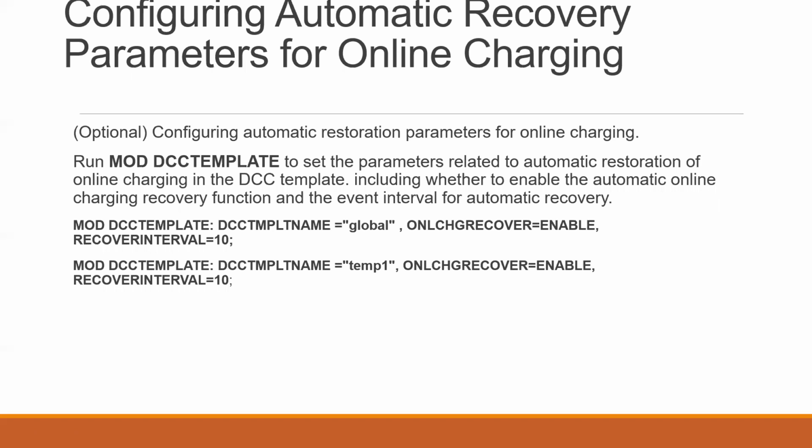So this is configuring automatic recovery parameters. This is basically related to the automatic restoration of online charging services in the DCC template. You can specify whether online charging recovery needs to be enabled, and you can mention the recover interval time in which your online charging is going to be enabled after your OCS is recovered.